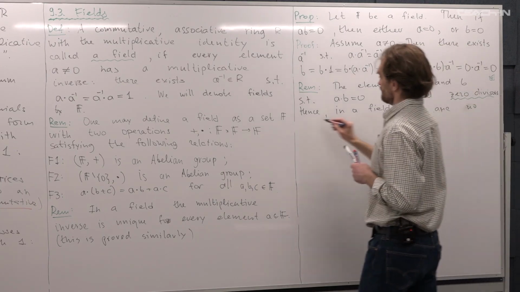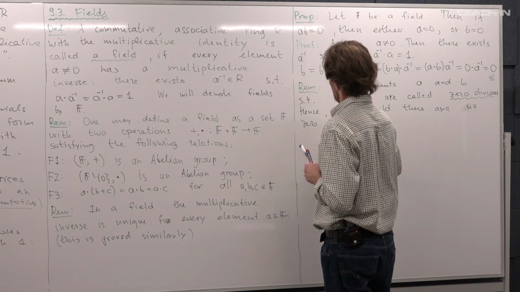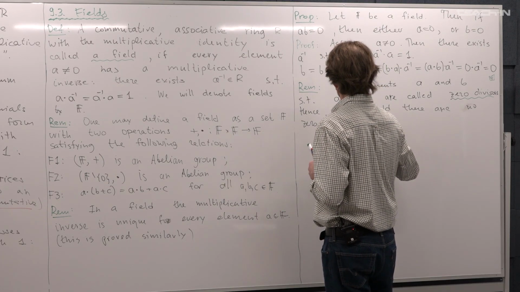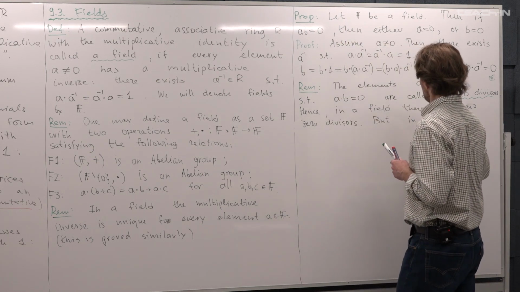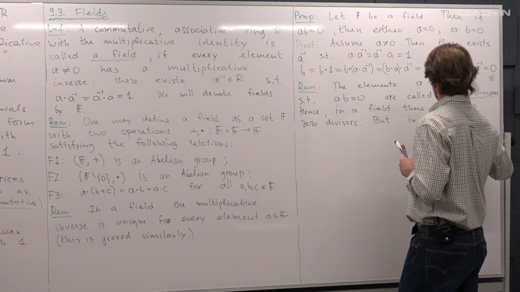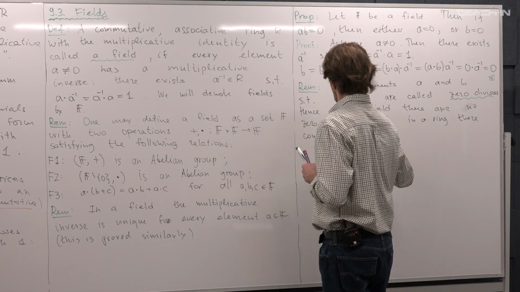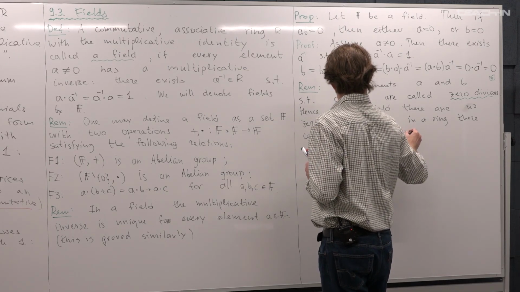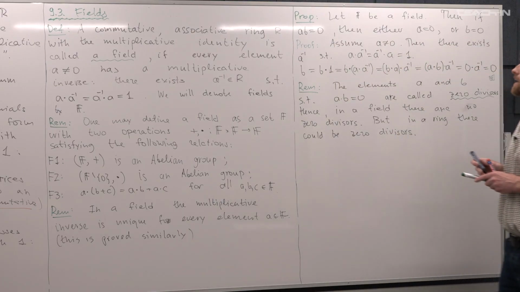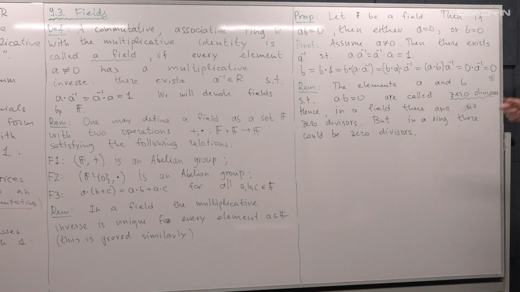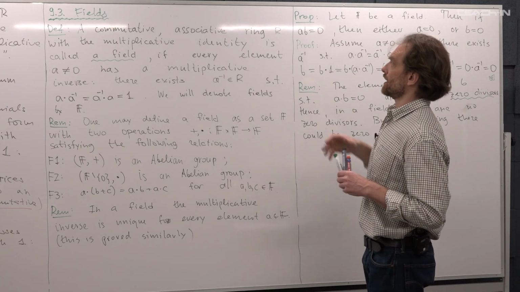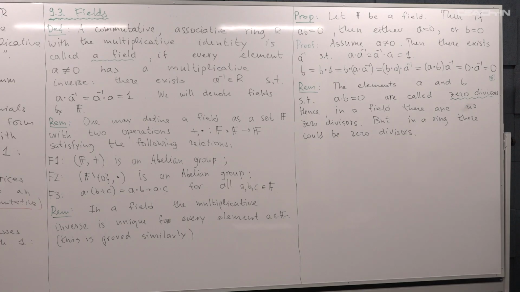But in a ring, there could be. This is the most essential difference between a commutative associative ring with the multiplicative identity and the field. In such a ring there could be zero divisors, but not in a field. And this is very important.